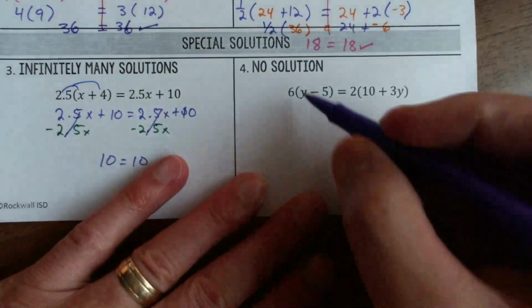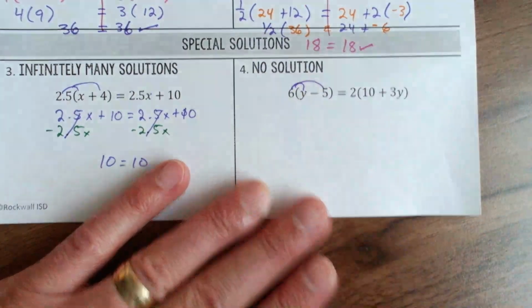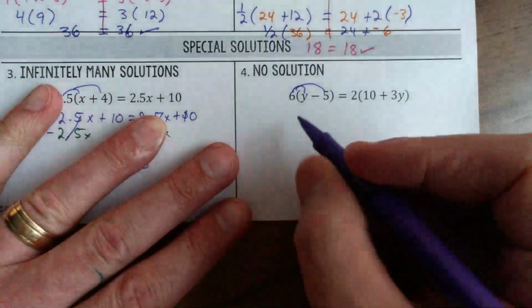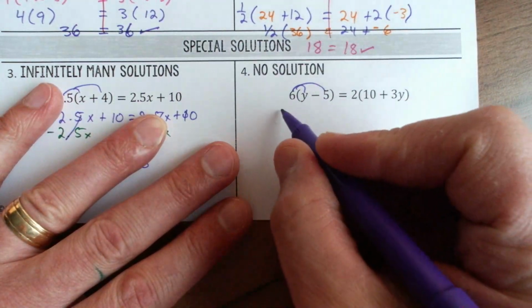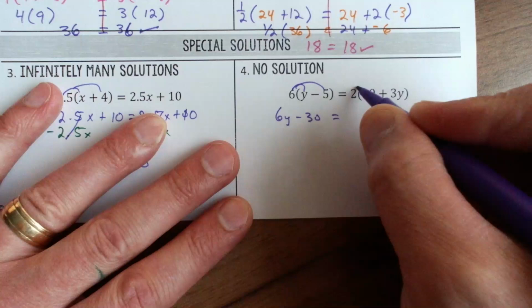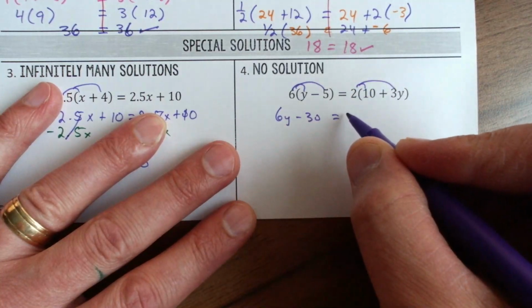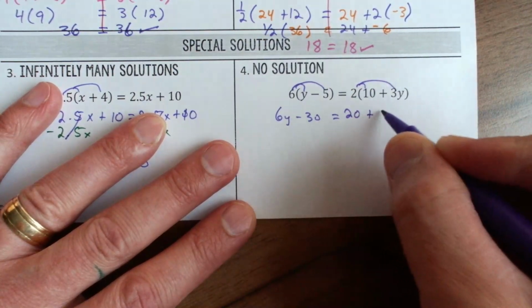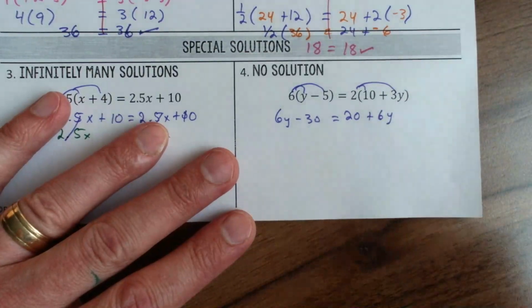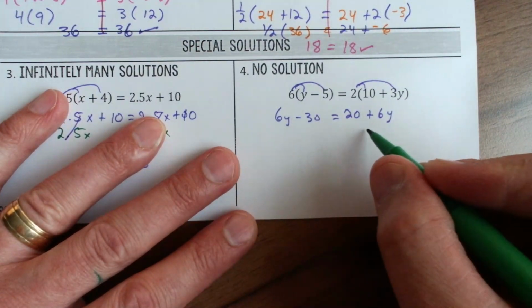And here's why. I distribute this. When I distribute this, I have 6y minus 30. I distribute this. I have 20 plus 6y. I move my variable. If I notice, they're the exact same.